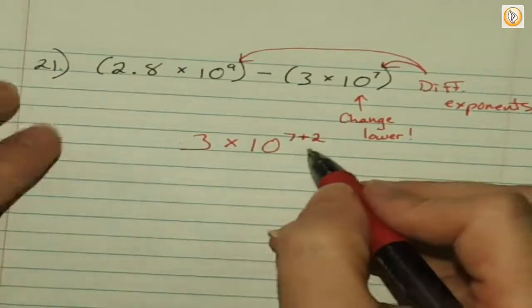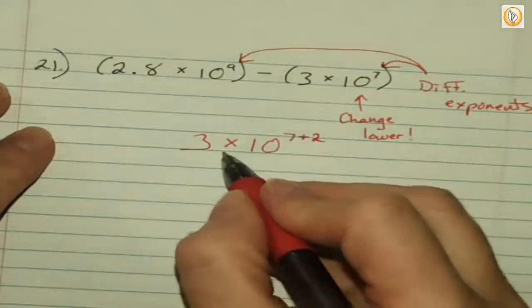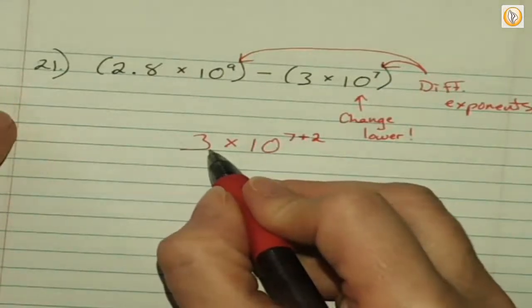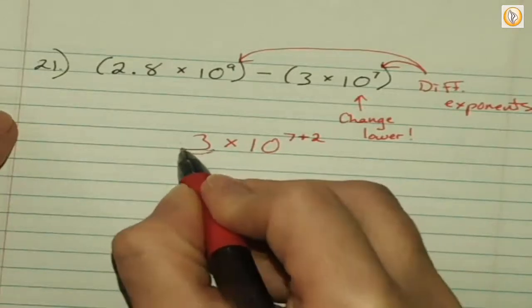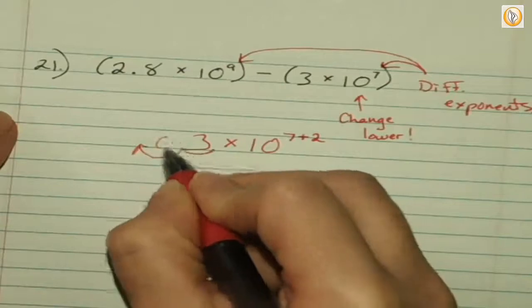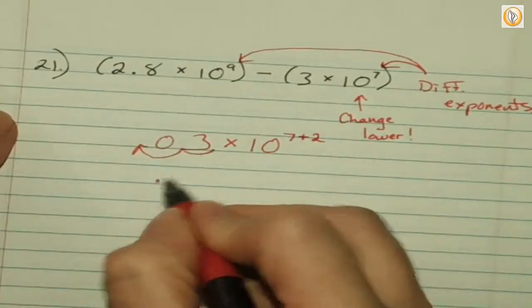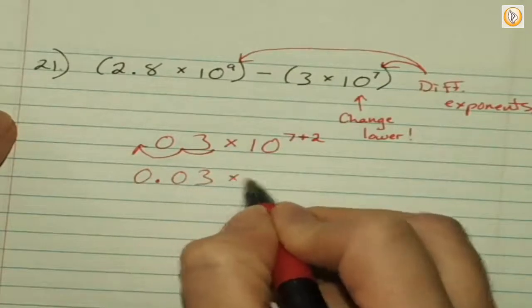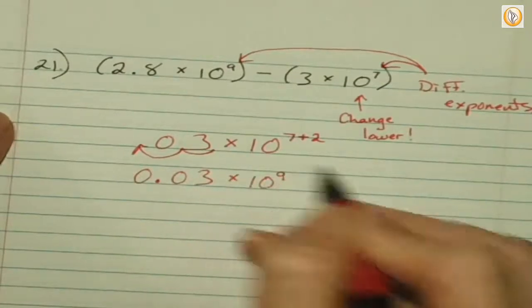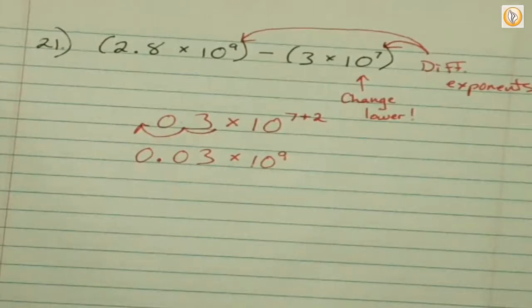But we're not. We're adding 2 to match up. So which direction do I move the decimal? Left. You're correct. How many places? 2. So 1, 2. And I'm adding a little 0 there. So I have 0.03 times 10 to the 9th now. Does everyone see that?